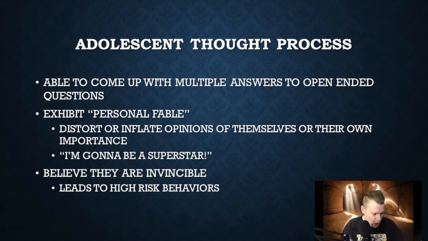So then also there is this idea that adolescents believe they are invincible. The reason for this, and I'll explain it later, is that it leads to high risk taking decisions. For example, if you get mad at someone and, rather than thinking, okay, if I deck this person in the face, what's going to happen afterwards? Am I going to get an assault charge?